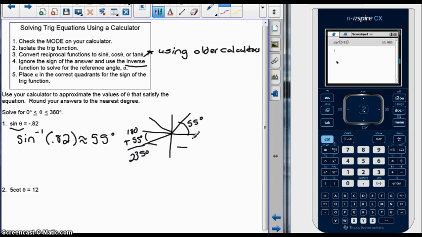And then in the fourth quadrant, we're going to come here 55 degrees, so we want to do 360 minus the 55 degrees, and we get 305 degrees. So theta could be 235 degrees or 305 degrees.